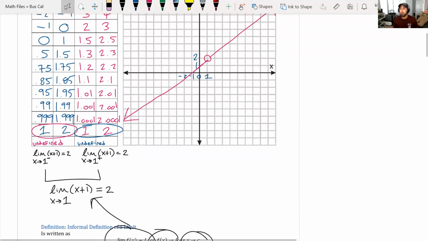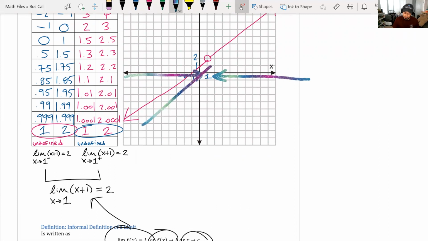If you look at the graph, we approached 1. So let me draw there. Fun glitter drawing. We said, as we approached 1 from the left, and as we approached 1 from the right, we saw that y was getting closer and closer to 2. And that is the definition of a limit.